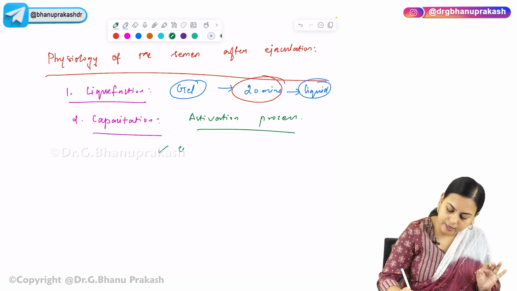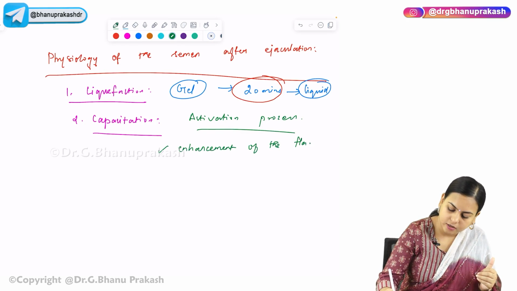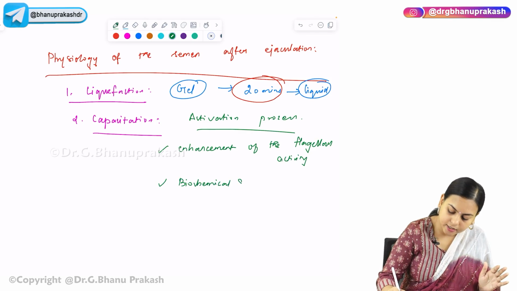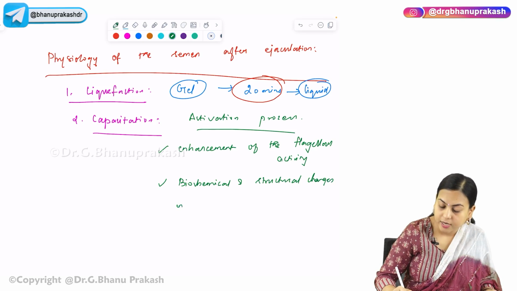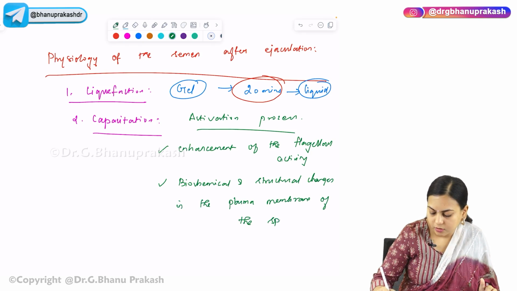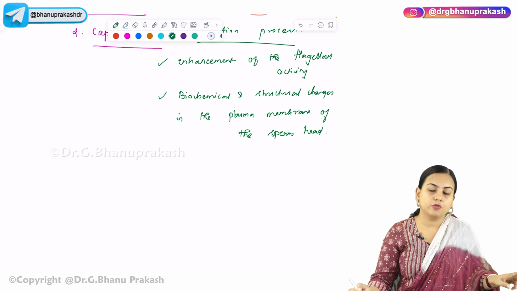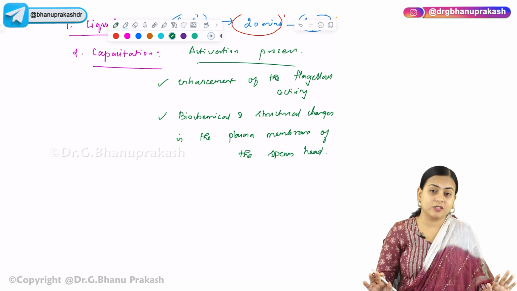It involves enhancement of the flagellar activity, and it also brings some biochemical and structural changes in the plasma membrane of the sperm head. So these are the two processes involved in capacitation, and remember, capacitation is an activation process.